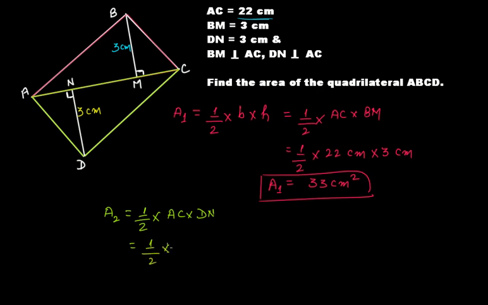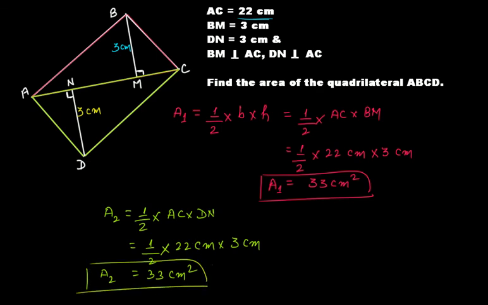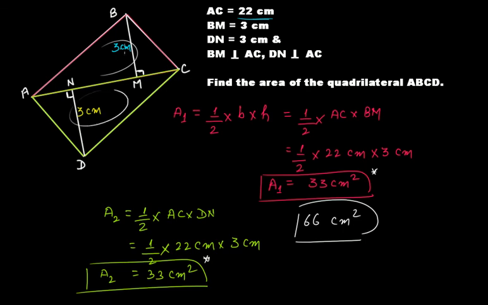Half times AC, 22 centimeter, times DN, that is 3 centimeter. This comes as the same, that is 33 centimeter square. So A2 is 33 centimeter square. If you add A1 plus A2, you get 66 centimeter square. That is this area plus this area, that's the area of the quadrilateral. So the area of the quadrilateral is 66 centimeter square.